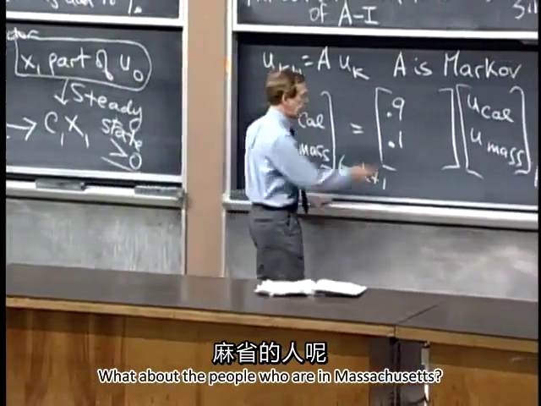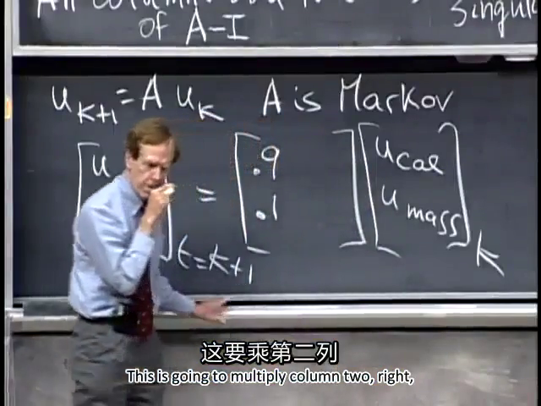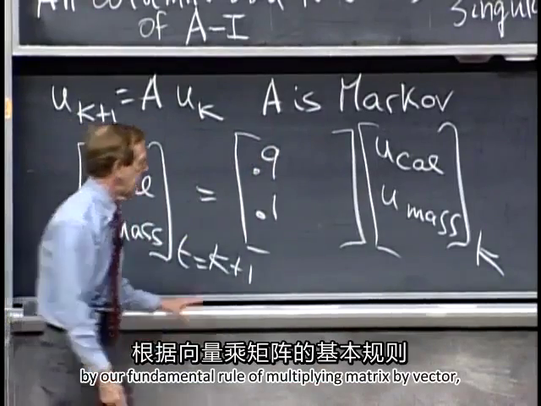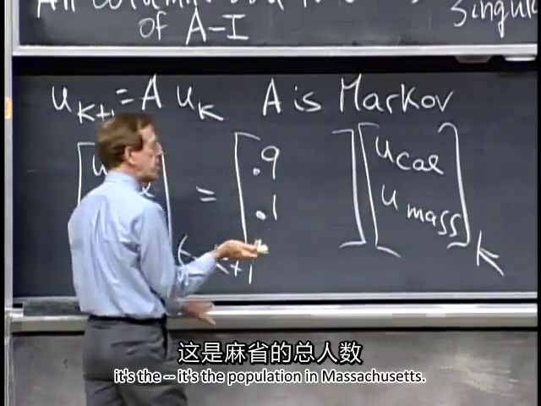OK, what about the people who are in Massachusetts? This is going to multiply column 2, right? By our fundamental rule of multiplying matrix by vector. It's the population in Massachusetts.